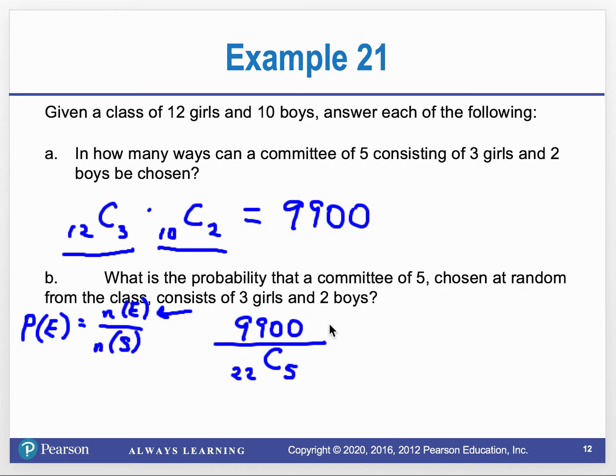So now if I do 22 choose 5, I see that that is 26,334. And letting my calculator simplify that for me, 50 over 103.